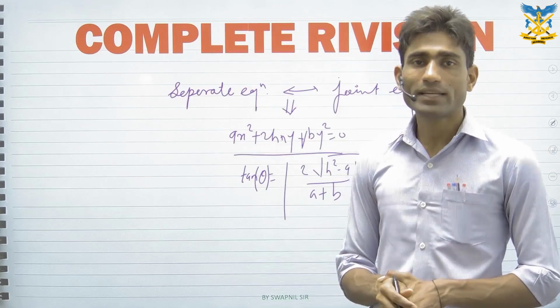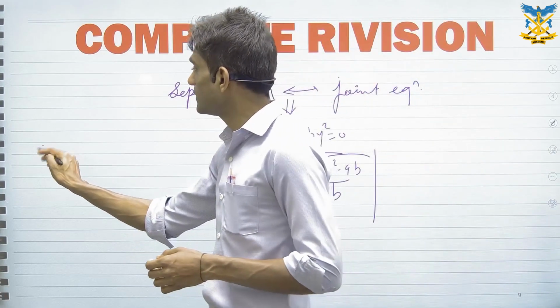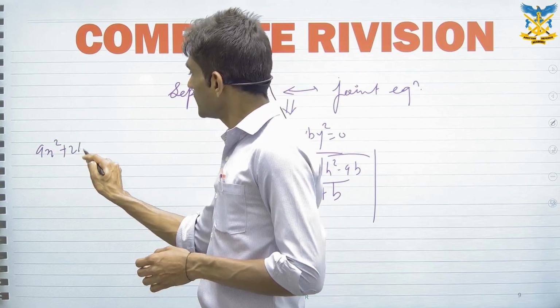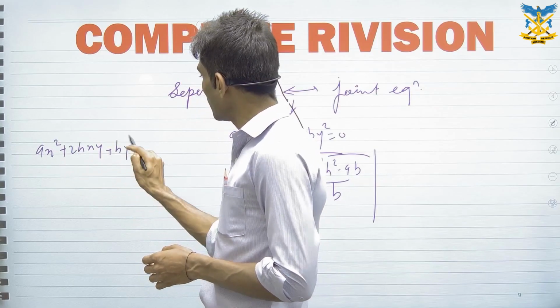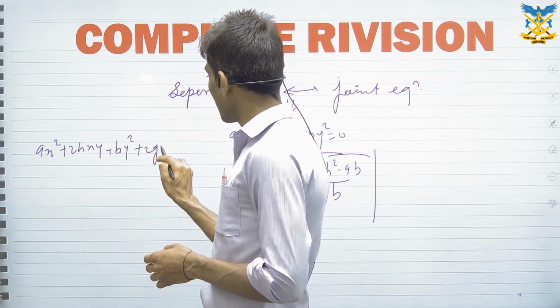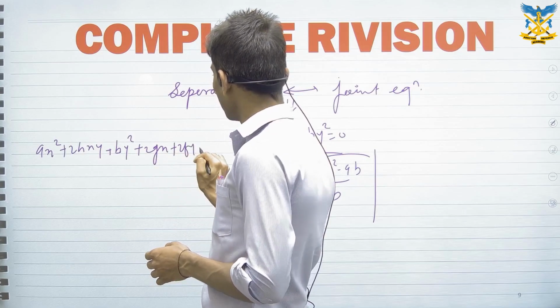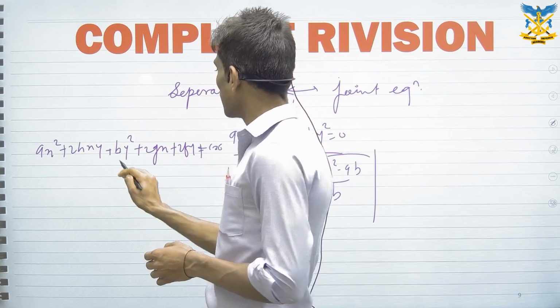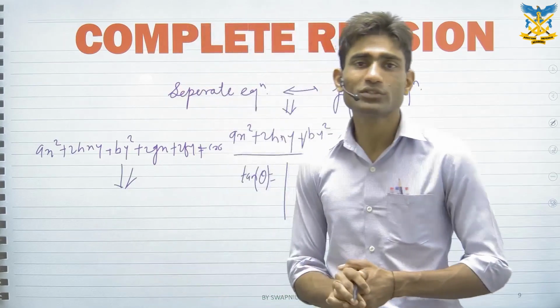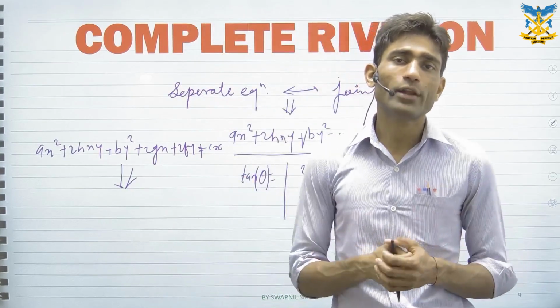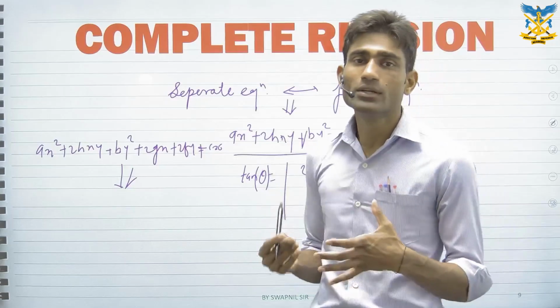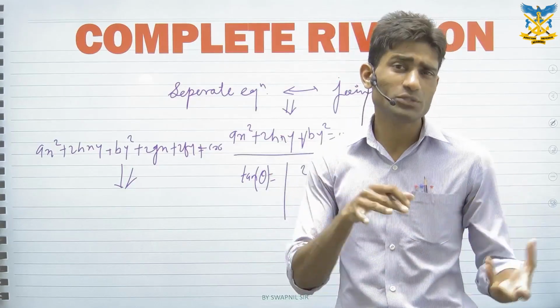After that we took the general equation of a pair of straight lines, which is ax square plus 2hxy plus by square plus 2gx plus 2fy plus c equal to 0. Using this general equation we found the values of the constants a, b, g, h and f. After getting these constants, we substitute the values in our determinant.